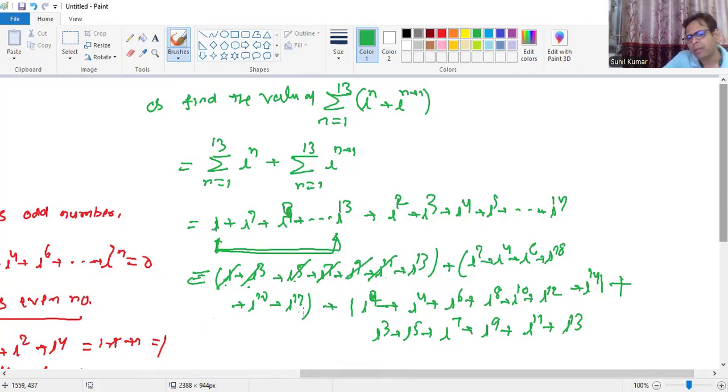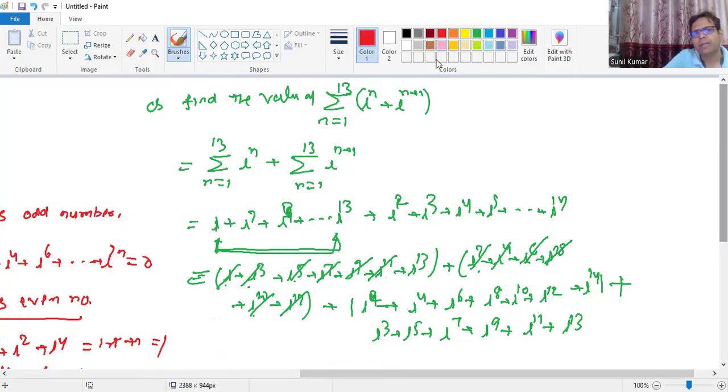So here we are left with i to the power 29. Similarly, here i squared is minus 1 and i to the power 4 is 1, so this cancels. i to the power 6 is minus 1 and i to the power 8 is plus 1, both cancelled. And i to the power 10 is again minus 1, i to the power 12 is 1.